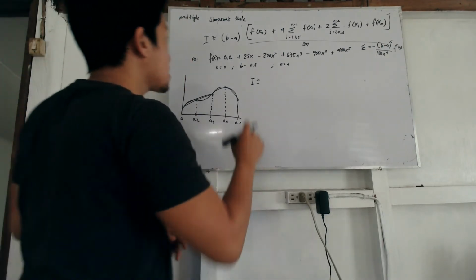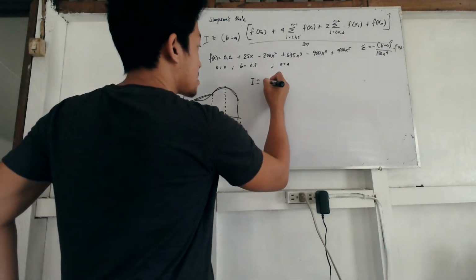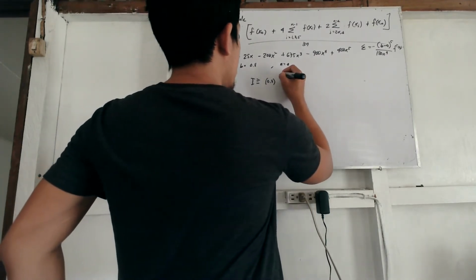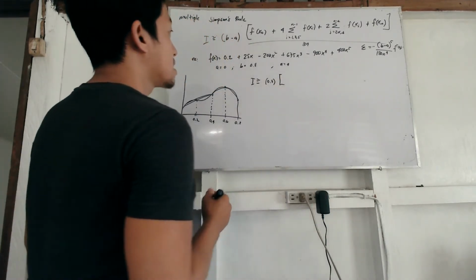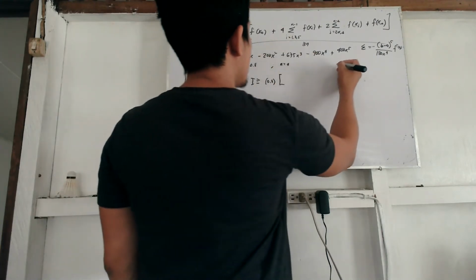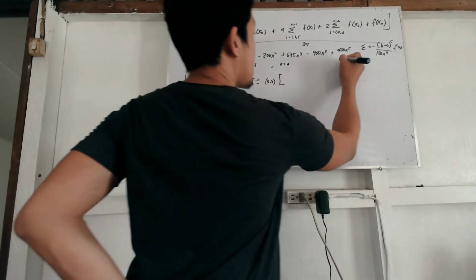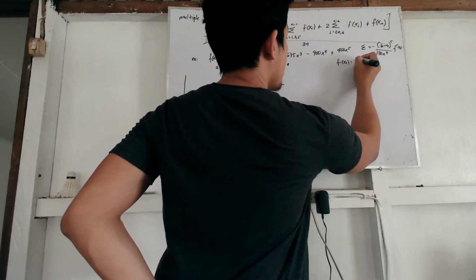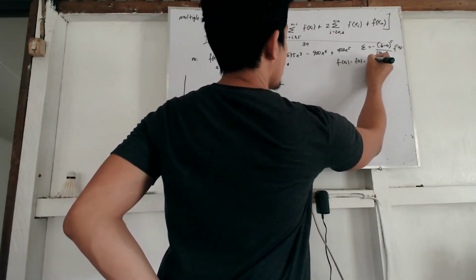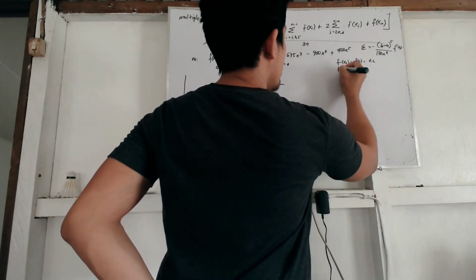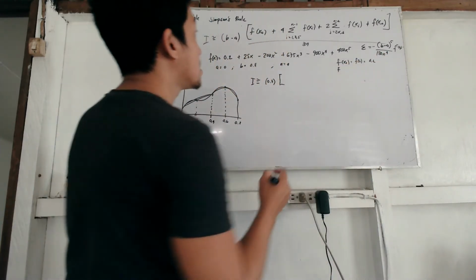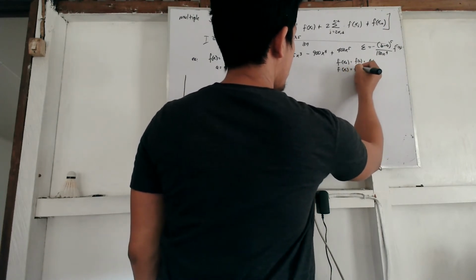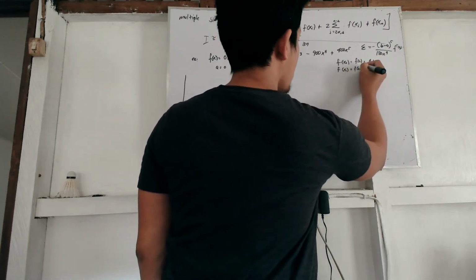Okay, so let's proceed. So our b minus a is 0.8 minus 0, multiplied by f of x sub 0. Now our x sub 0, this is f of 0, so this is 0.2, and f of x sub 1, that is f of 0.2.